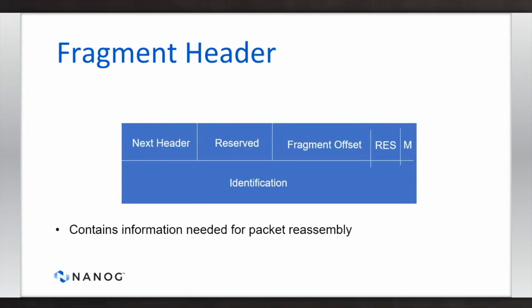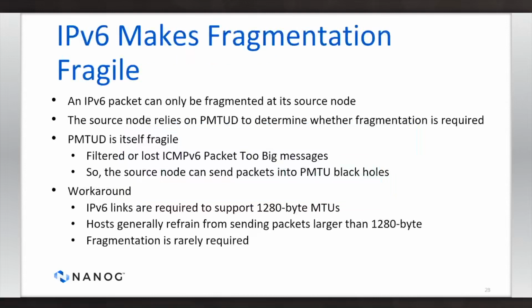Next, we have a fragment header, and you'll recognize the fields in this. They are the fields that used to be in the base IPv4 header that were required for packet reassembly. Now, we have some bad news about fragmentation. IPv6 makes fragmentation a little more fragile than IPv4.